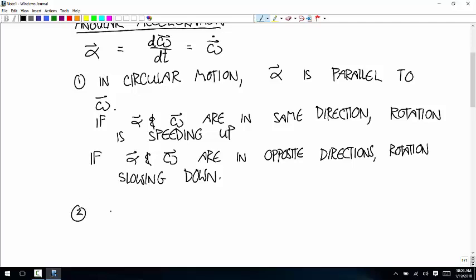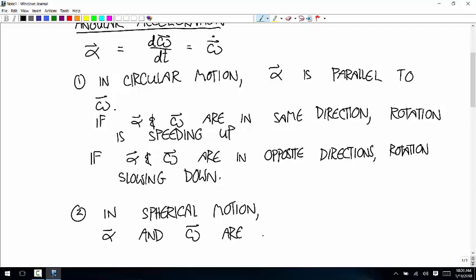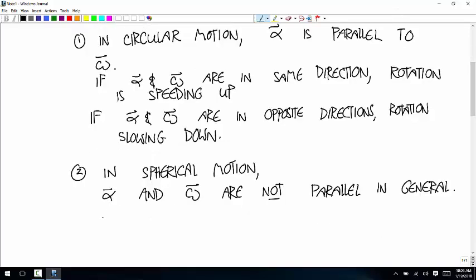In spherical motion, alpha and omega are not parallel in general, and both change their direction over time.